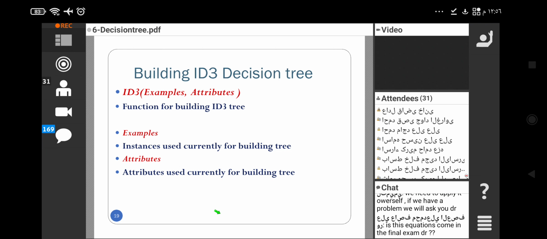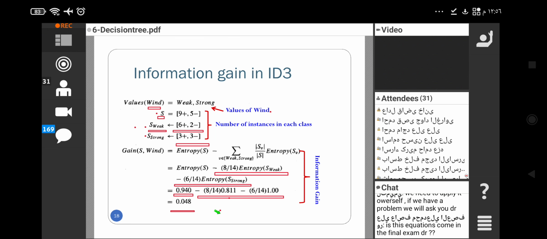Okay, so in this slide, we talked about the decision tree, and that in the decision tree, the learning model is a tree. So we want to build a tree. When we want to build a tree, we should calculate the information gain for each attribute.